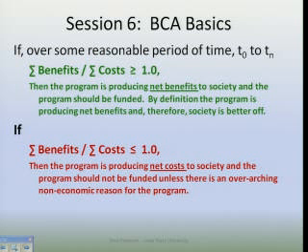But over the life of the project that we're considering, what we want to know is, are the benefits, and that's the sum of all the benefits over the string of time from time zero when we started the project, when we thought about building the bridge or whatever we were going to do, to some time out in the future, time n, does that string of benefits exceed the string of costs, the sum of all of those costs over that very same time period?